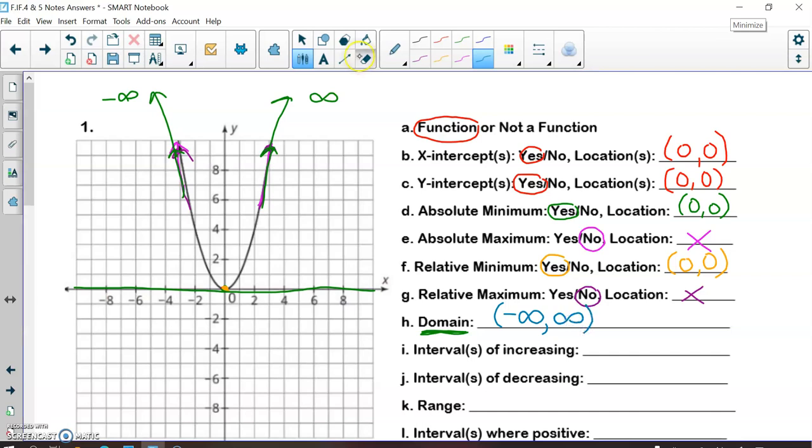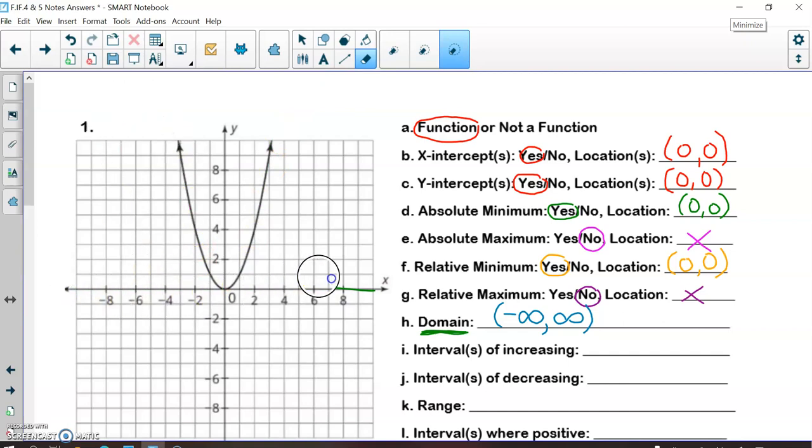Okay, so now intervals of increasing. What we do with this is we start at the left side of my graph. And what we do is we draw the shape of the graph, and what's happening to my y values right now is they're going down.